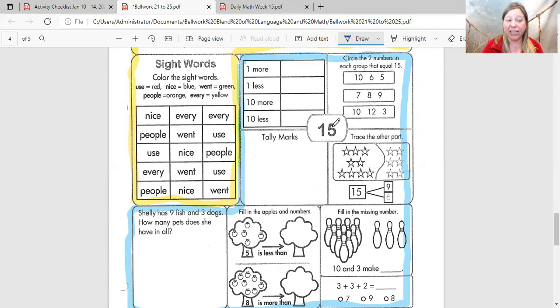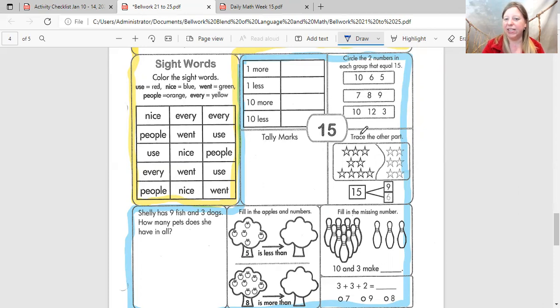Remember, tallies are bundled with 4 lines down and the 5th line going across. You can do a straight horizontal line across or a diagonal line across for the 5th line. You need to make 15 tally marks in this activity square.